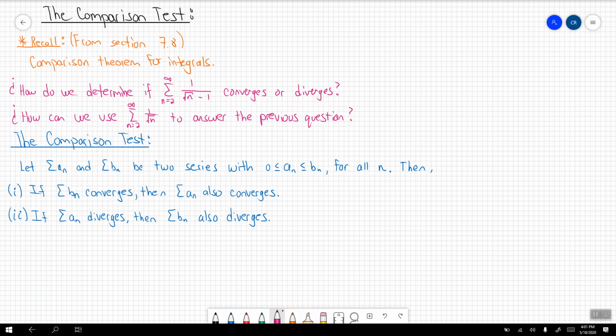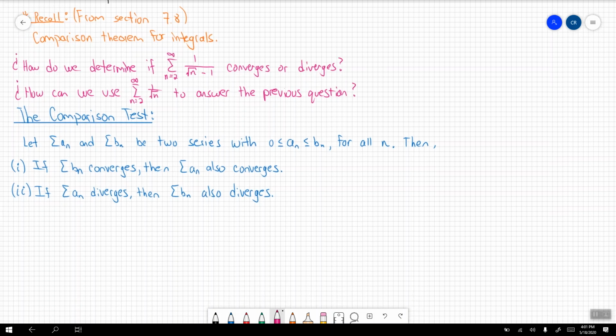Next, if the series that we found from below, this a sub n, diverges, then the series that is bounding from up top must also diverge. Using this comparison test, we're going to be looking to compare different functions. So we want to build upon this comparison.